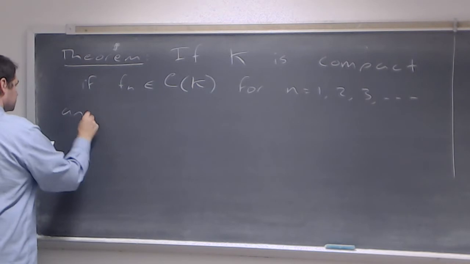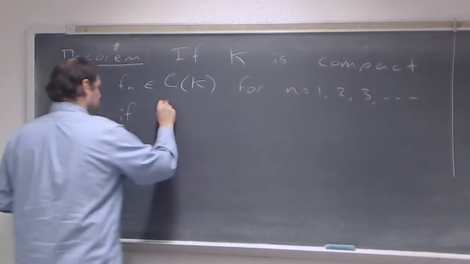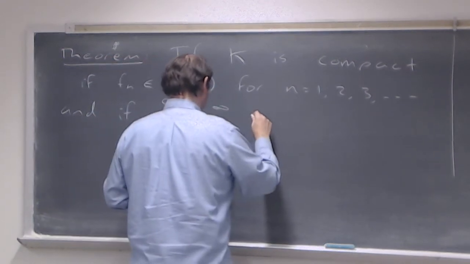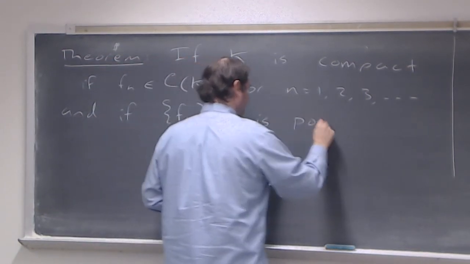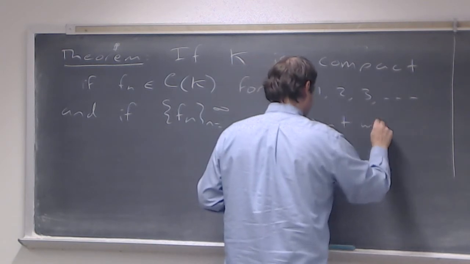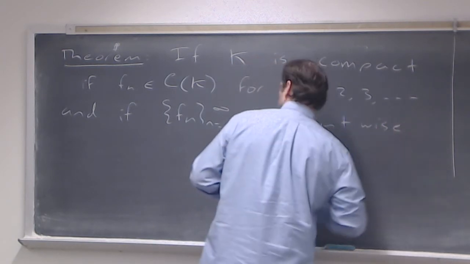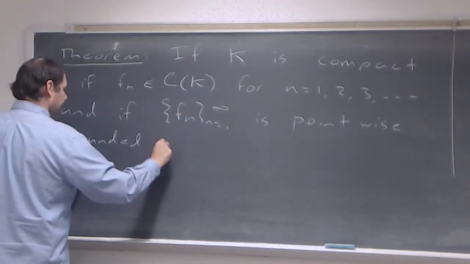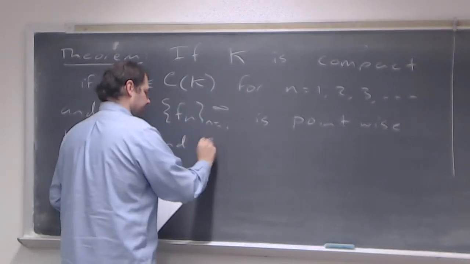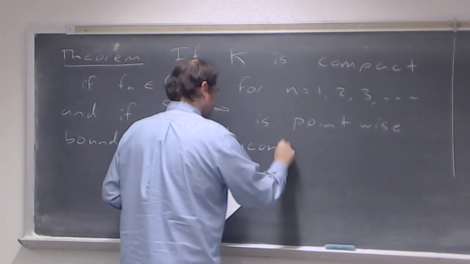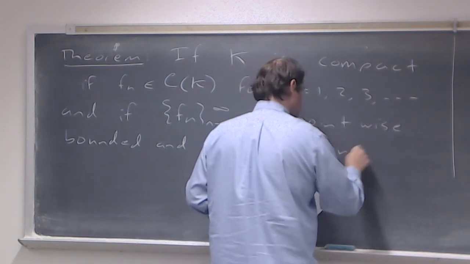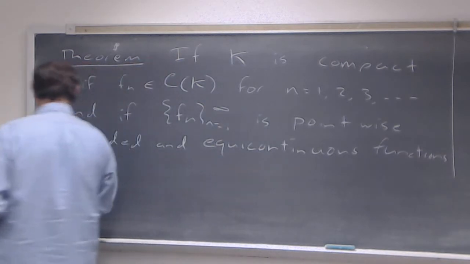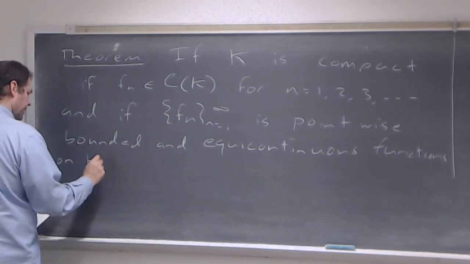And if f sub n is the collection of pointwise bounded and equicontinuous functions on K. Okay. Then we have two parts.